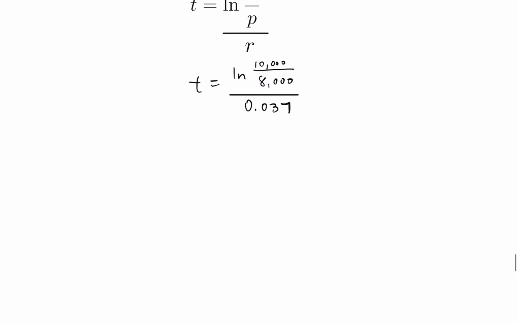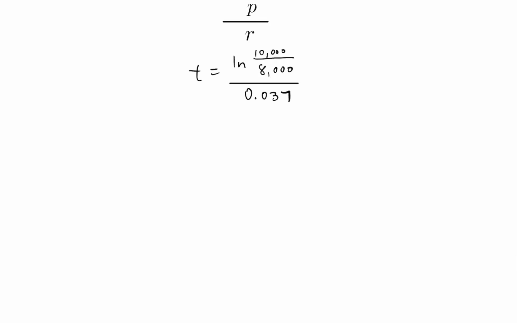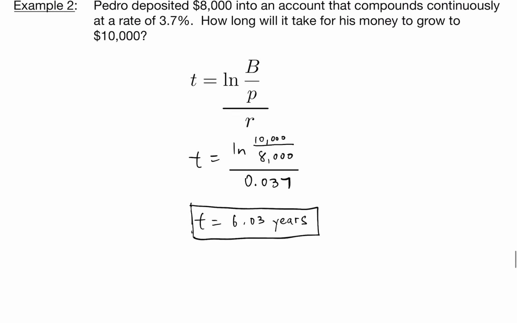Okay, and now if we go ahead and plug that into the calculator, we get t is equal to 6.03 years. Okay, so it'll take just a little bit over 6 years for the final balance to reach $10,000, assuming that Pedro deposits $8,000 and earns a continuous compounding rate of 3.7%.